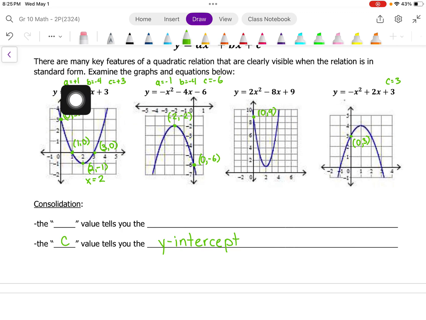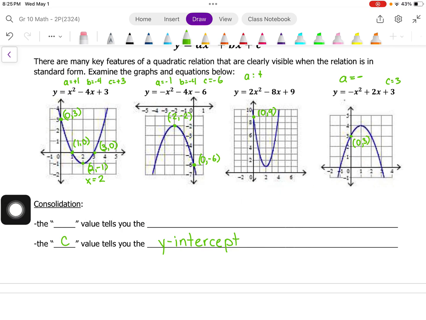Now over here we had an a of +1, this was an a of -1, and if I look at these parabolas, this one opens up and this one opens down. So let's see if we have any connection here. Here our a is positive, it's +2, and here our a is negative again. So a positive opens up, positive, this also opens up, negative opens down, negative opens down.